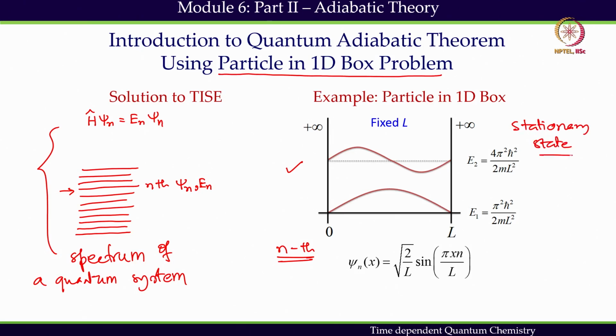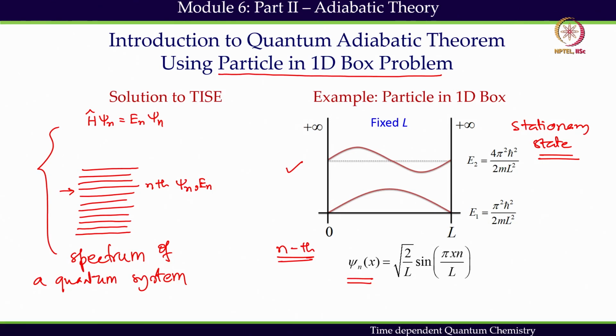They are stationary states not because the wave function does not have time dependence, but because its probability density is time independent. That's why it's a stationary state. All the stationary state solutions we get from the time independent Schrodinger equation, and the nth wave function is given by this expression, which is very well known to us, because this is a very frequently taught problem in quantum mechanics.